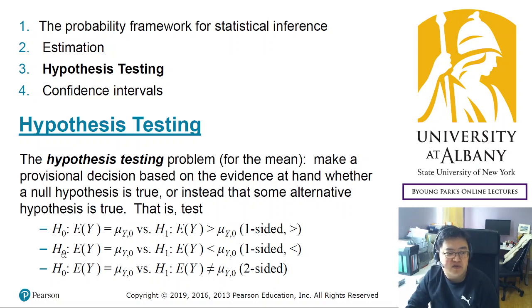Or you can put it this way. You may believe that the true population mean is mu 0 versus, if that is wrong, you are going to switch to the belief that the mean is strictly smaller than mu 0. So for another example, I believe that the expected value of tomorrow's stock return of my portfolio is greater than, say, plus 2% point.